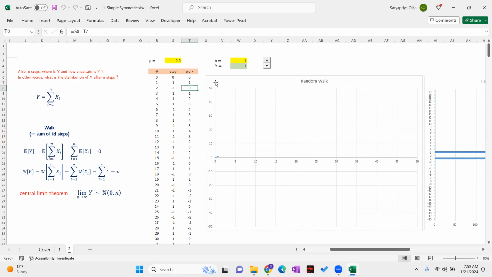Everybody agrees? After two steps, the possible values would be +2, 0, -2. Only those three values. It is still a discrete random variable. It is not continuous because these are the only three possible values.